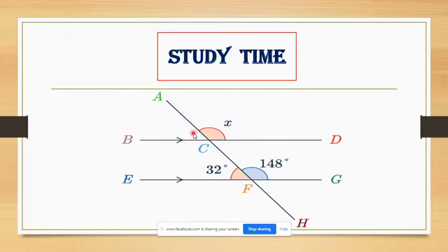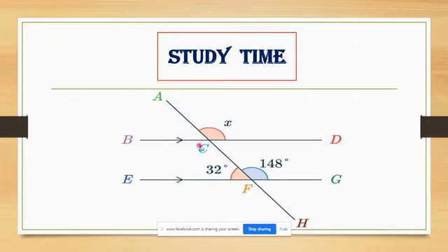You will not tell me, but just recall and revise yourself and find out all the remaining 6 angles. See, 2 are already given to you, 32 and 148. Then you can find this angle GFH, HFE, then BCF, this angle BCF, angle DCF, this angle.